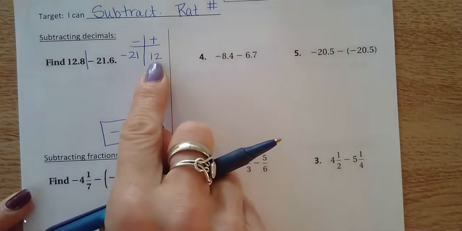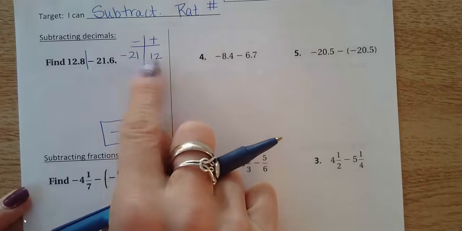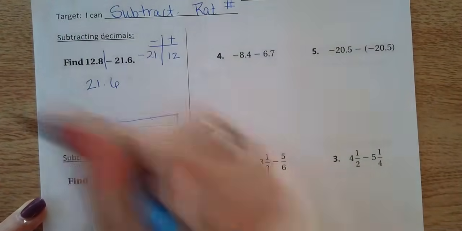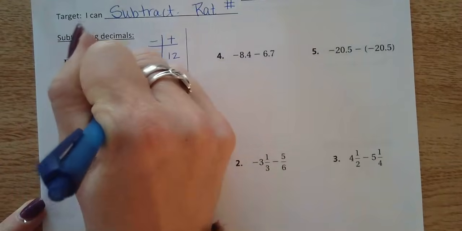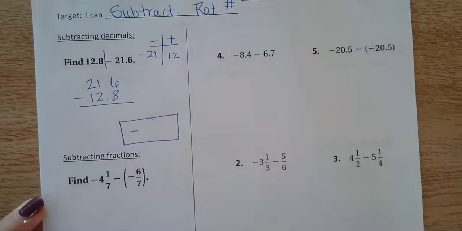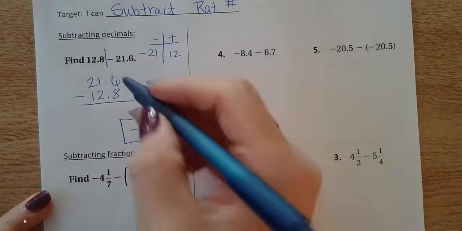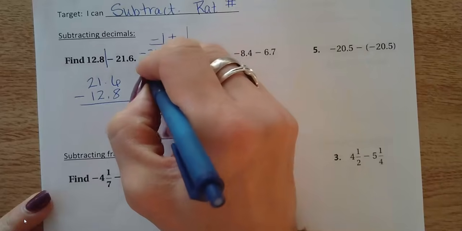So now I'm canceling these, which means I have to take whichever one I have more of, and that's 21.6, and subtract the 12.8 to see how many more negatives I have. Okay? So now this is a subtraction problem because I'm canceling.